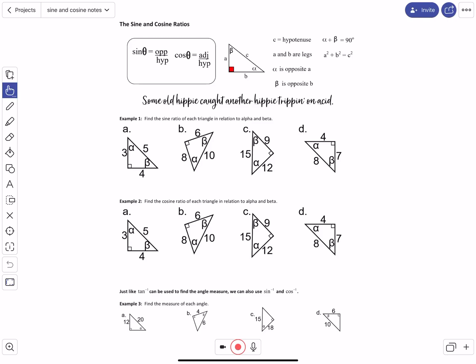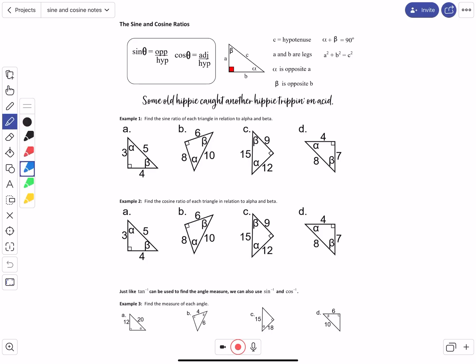Now, you might have already read the funny little saying that we have up here. Some old hippie caught another hippie tripping on acid. This is a way to remember our trig ratios.